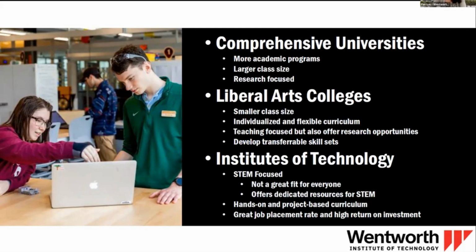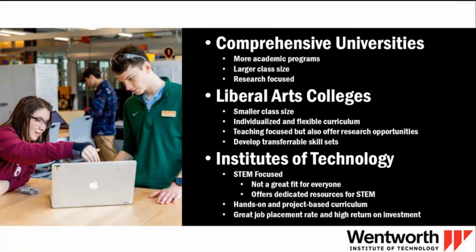The last part is about high return on investment. According to the US Bureau of Labor Statistics, the median annual wage for non-STEM occupations is actually $40,000. And the median wage for STEM occupations in the year of 2020 is actually close to $90,000, because institutes of technology offer majors that are really in high demand, and they offer a lot of co-ops or internships that will allow students to gain work experience before graduation.